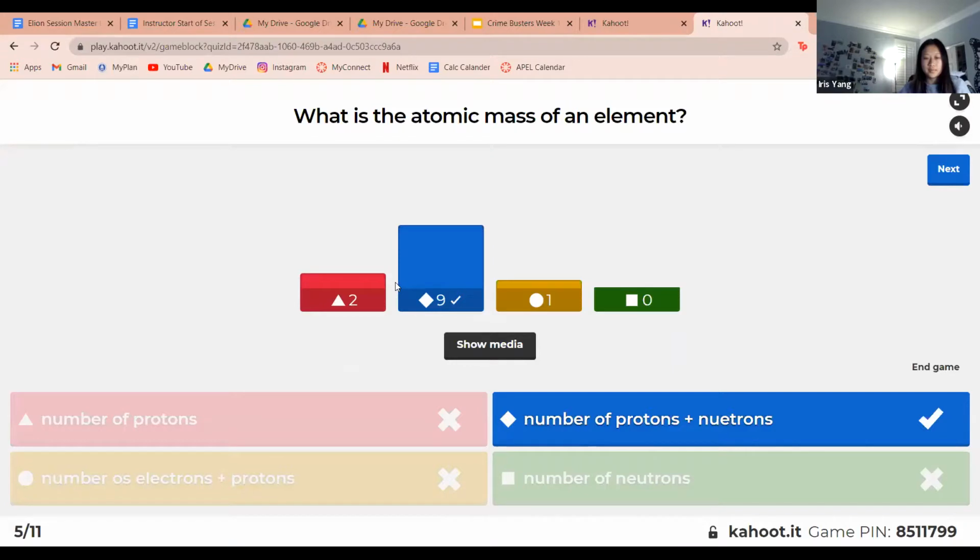So most of the atomic mass of an element comes from the nucleus, and inside the nucleus are the protons and neutrons. And remember, the electrons are the ones that go around the atom. So those don't really take up very much mass, but they do take up a lot of space. And this should be just in case. Okay, I'll explain the next question when we get there.